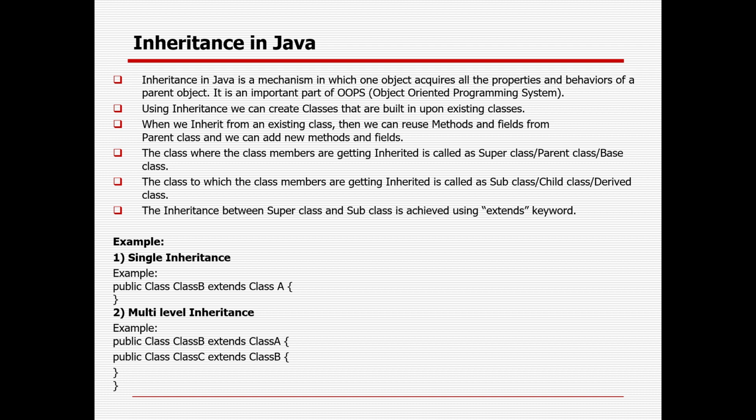But in Java, multiple inheritance is not possible using a class, whereas it is possible using an interface. Java supports single and multi-level inheritance, but multiple inheritance is not possible for classes. So that is the concept of inheritance in Java as part of the OOPS concepts.